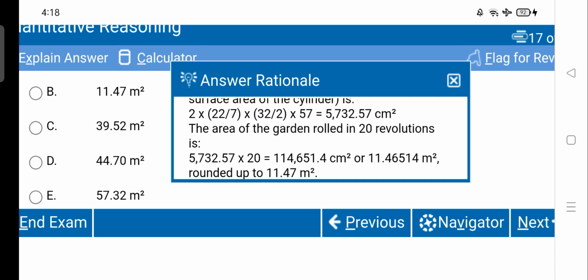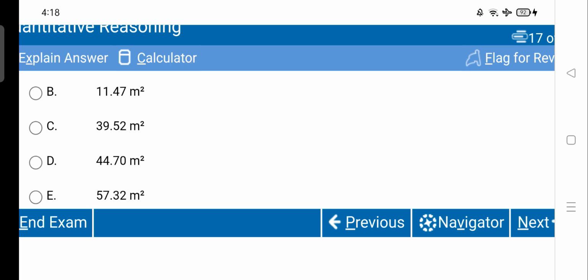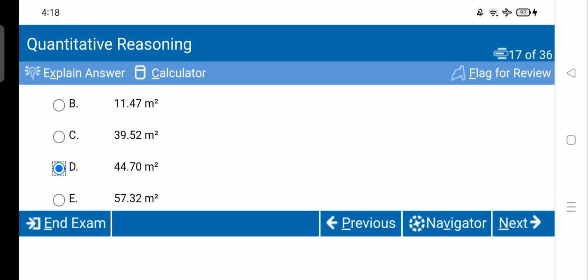So that's how we have the correct option is option B, 11.47 meters squared.